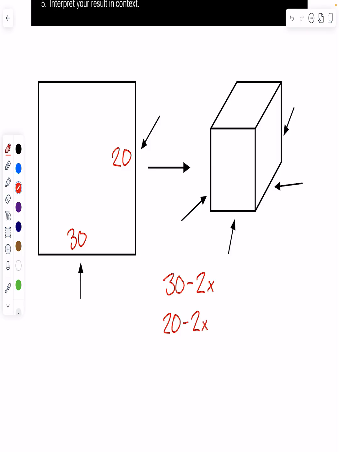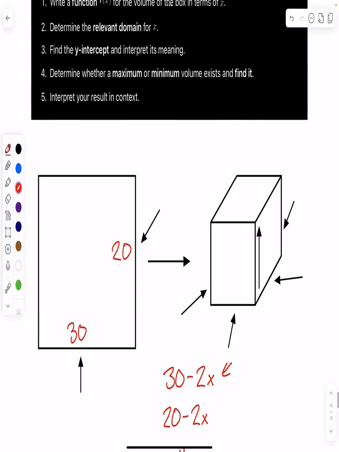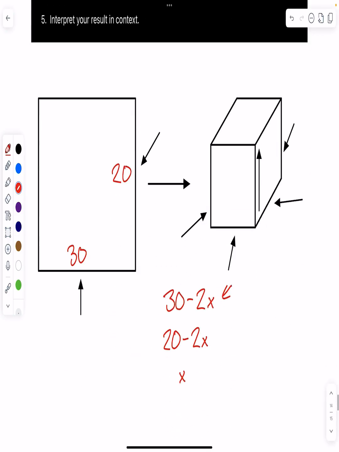And then I have a height value, which we don't know, and so that height value that we don't know, I can just define as x. So 30 by 20, and then my height.